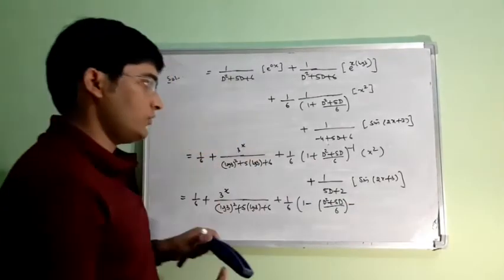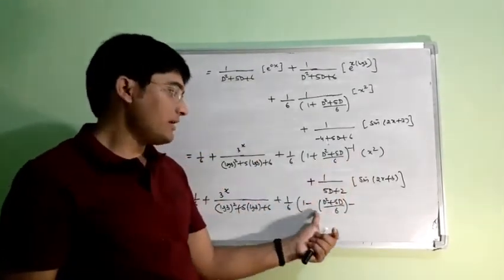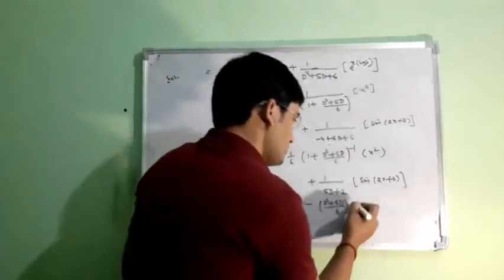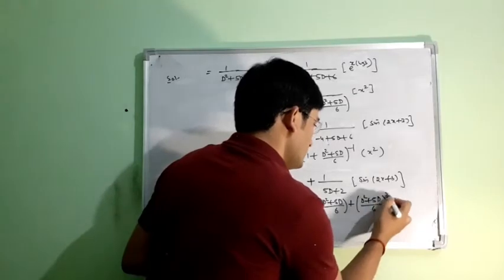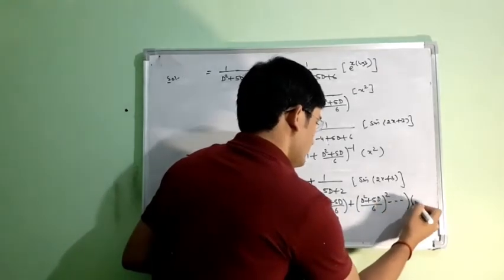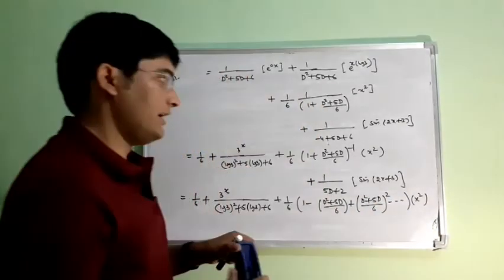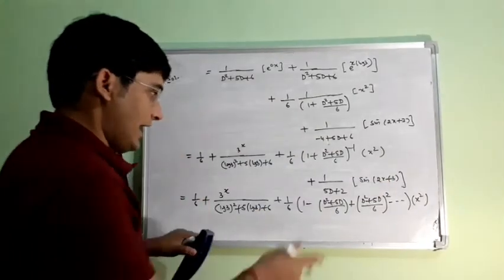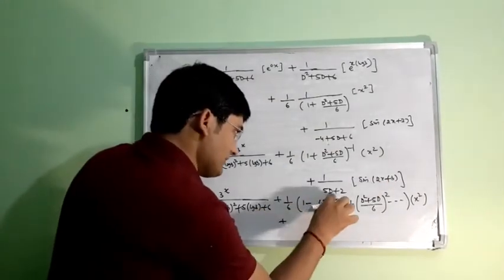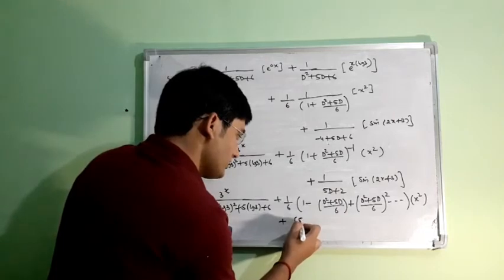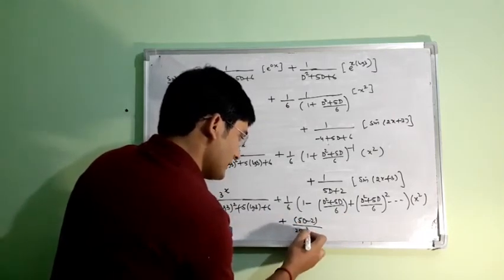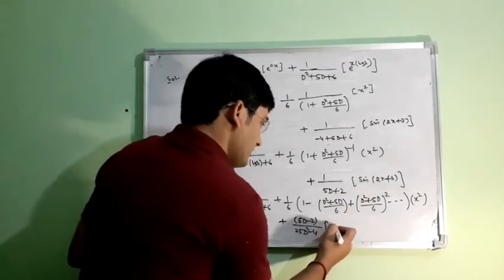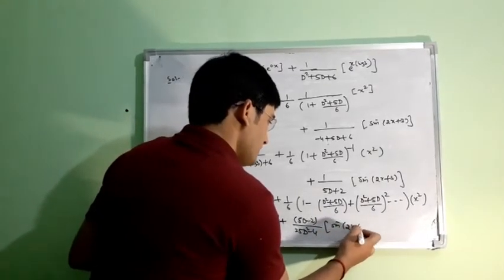Then 1 plus x power minus 1 will be 1 minus x plus x square, and so on. It's a whole square, and then other terms, and outside we have x square. And for the fourth term, let us multiply this term by its conjugate. So we will have 5d minus 2, and here we will have 25d square minus 4, and in the bracket we have sine 2x plus 3.